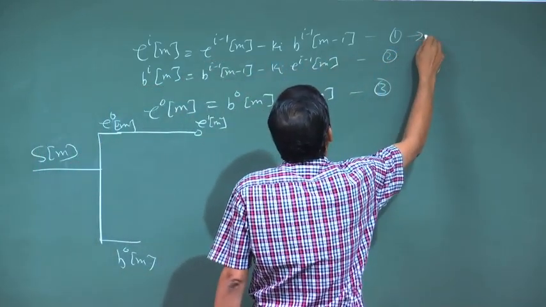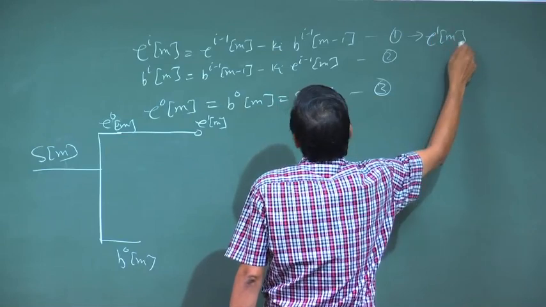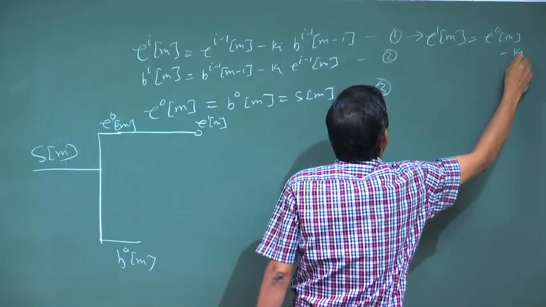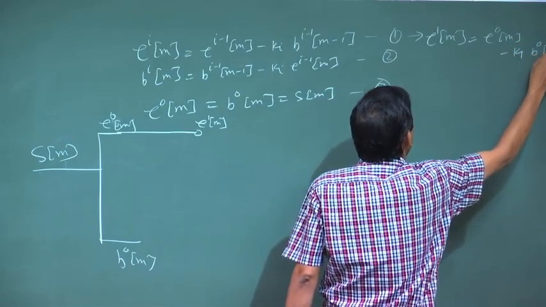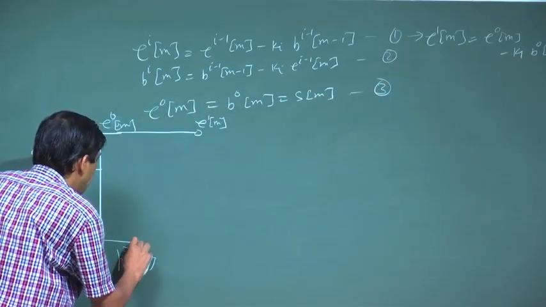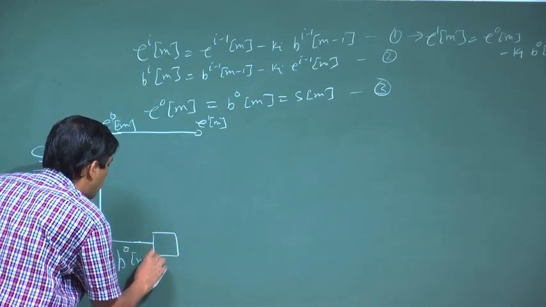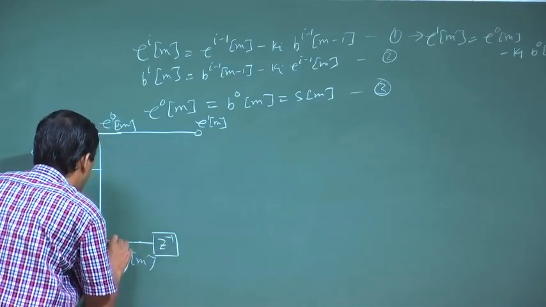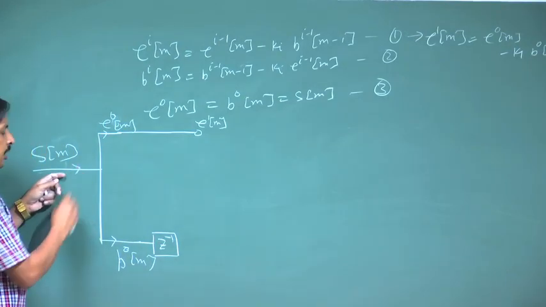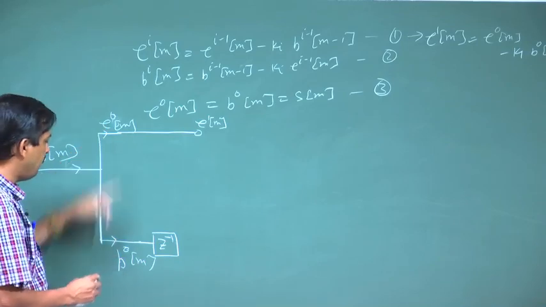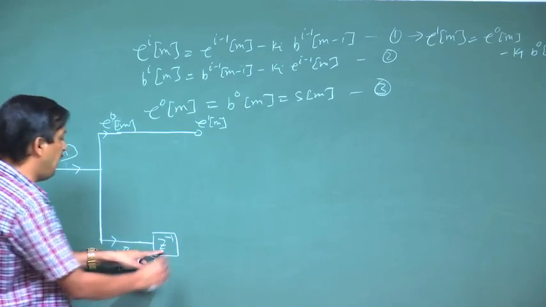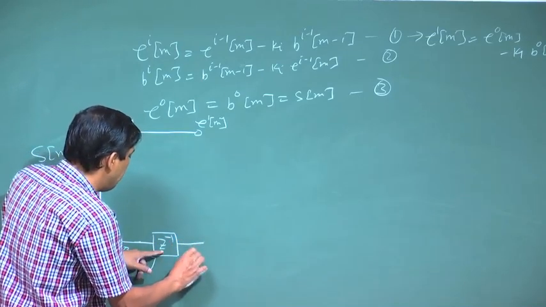From this equation, E1m is nothing but E0m minus k1 into B0m minus 1. If I have B0m, to produce B0m minus 1, I use z to the power minus 1. So the speech signal sm is fed here, E0m and B0m are equal to sm, and if I apply a z to the power minus 1 delay, I get B0m minus 1.